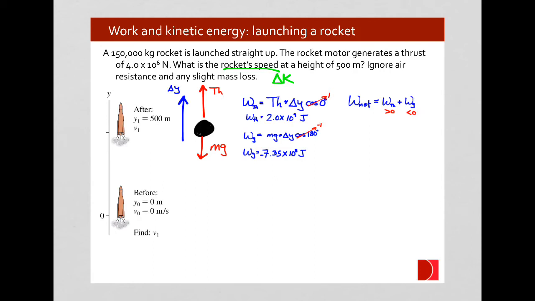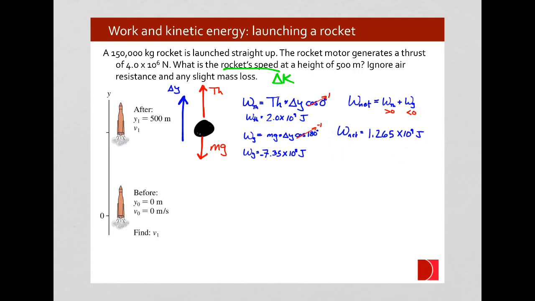And we see that the net work that's done here is 1.265 times 10 to the 9 joules. So this is the net amount of work that's done on our rocket by the forces acting on that rocket.